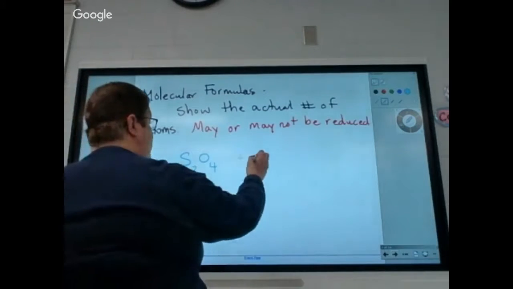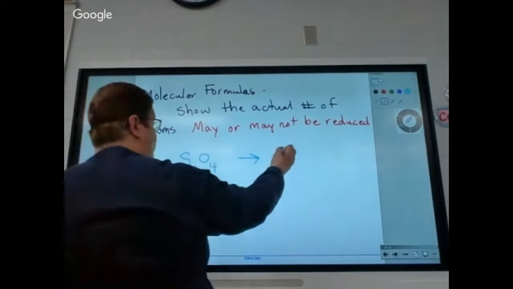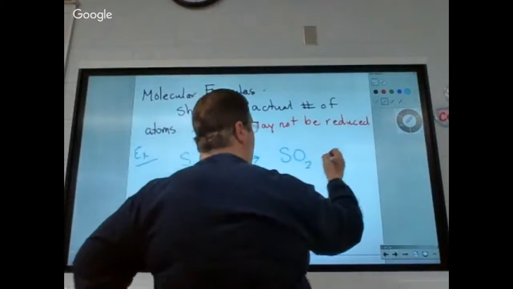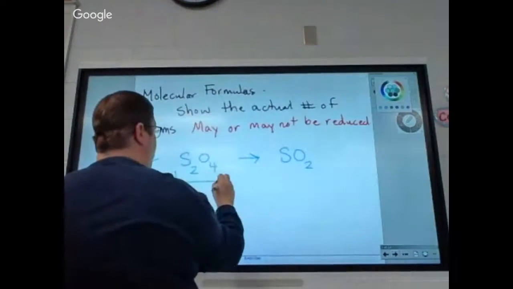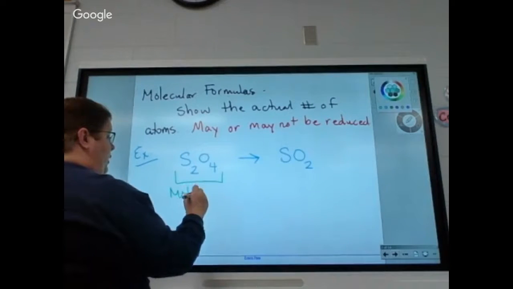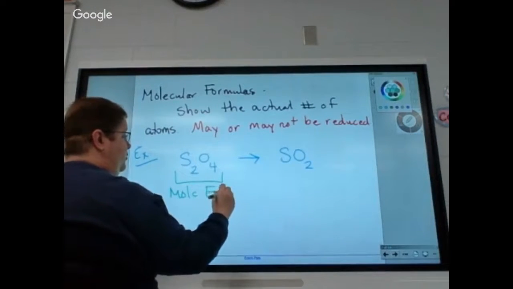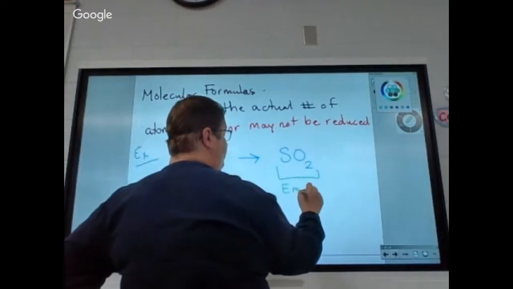So we would change S2O4 into what? SO2. Okay, so S2O4 would be the molecular formula. And SO2 will be the empirical formula.